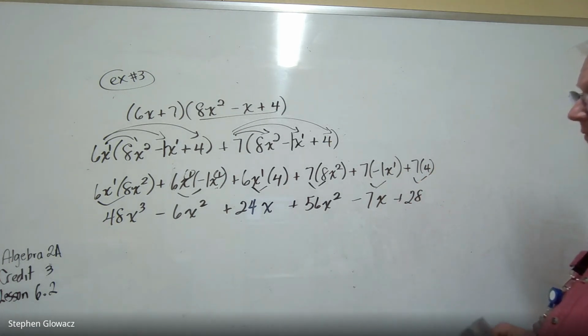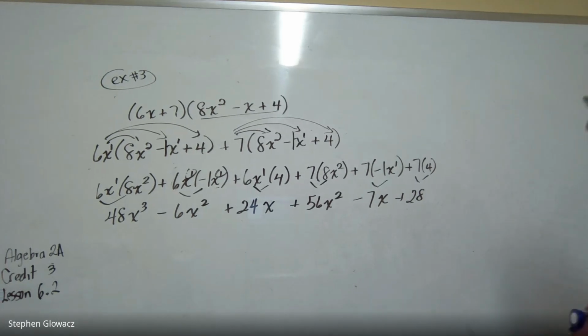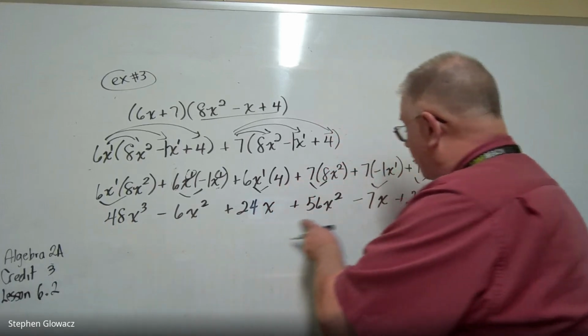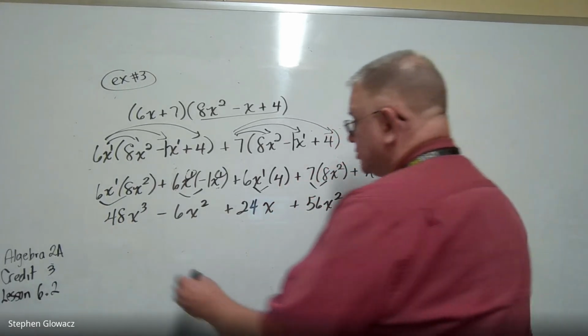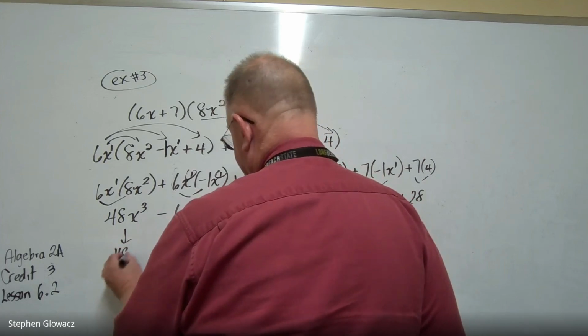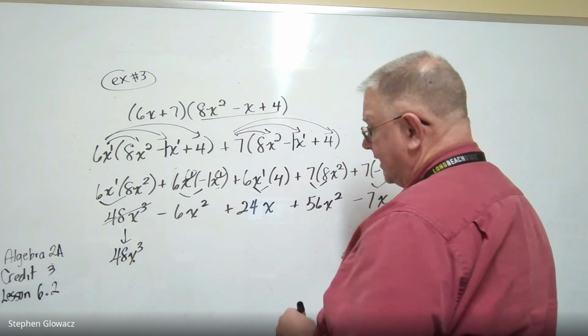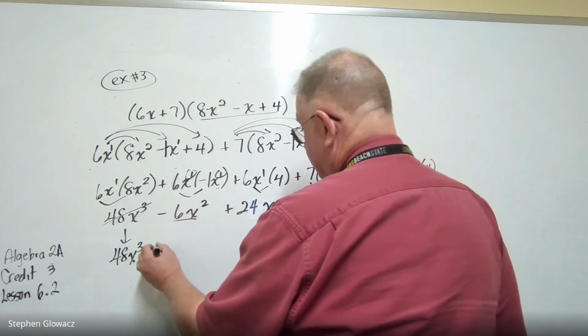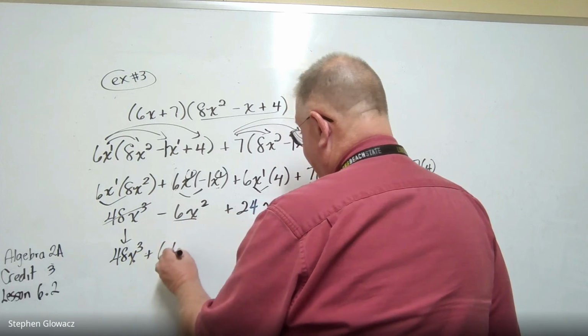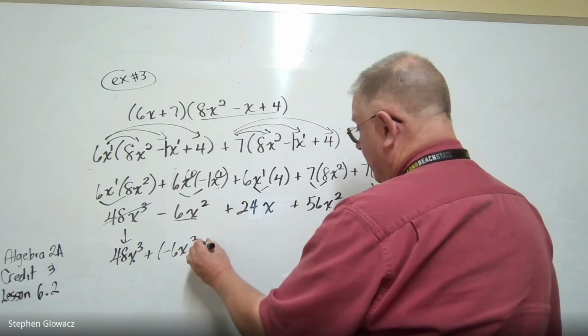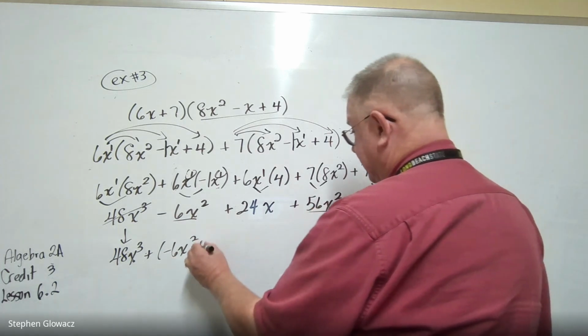All right, so now time to group and combine our like terms. First of all, the x to the third. Again, that's our only x to the third term, so we're just going to bring that down. Or we can cross it out if we want to remind us that we've already dealt with that. Next, we have our x squareds. We have negative 6x squared, so plus a negative 6x squared plus 56x squared.